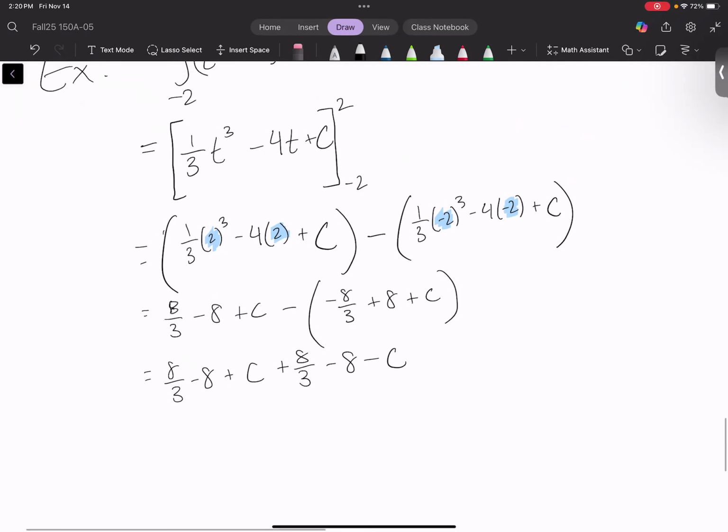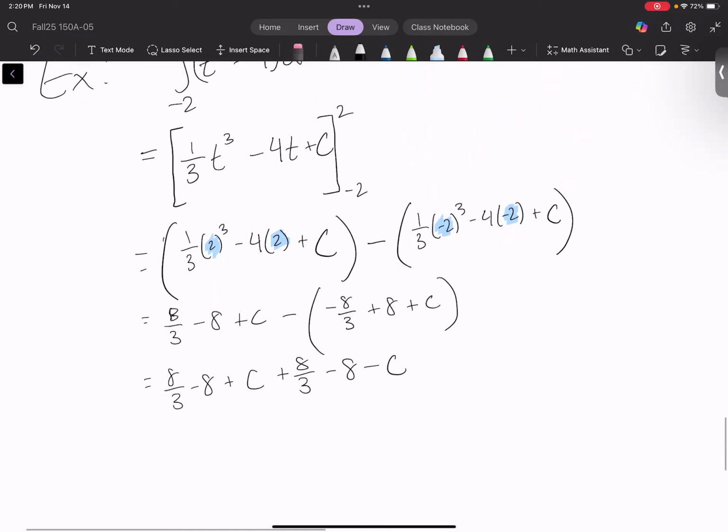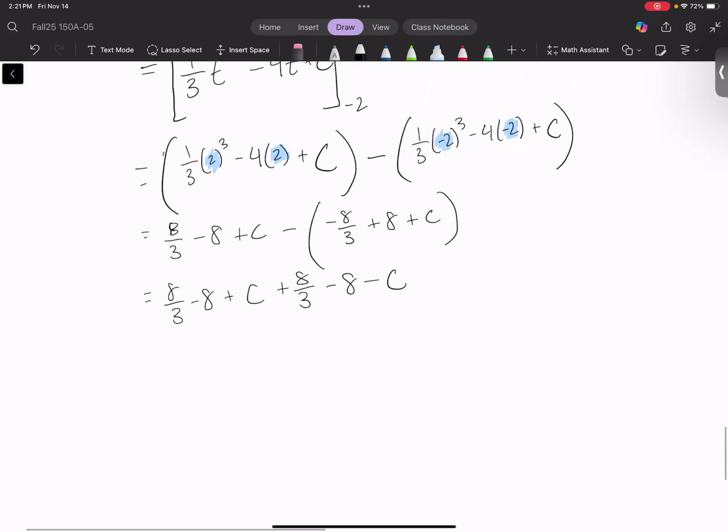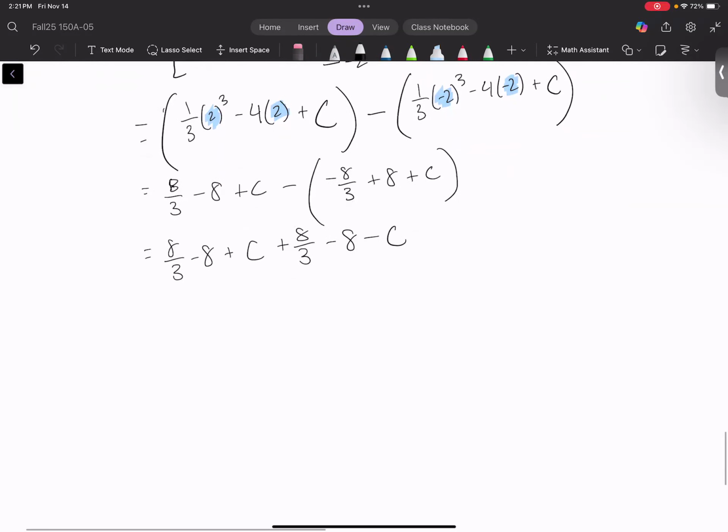And check that out, the c's canceled. The c's are always going to cancel. So with definite integrals, we don't need to write them. Technically, you could think of it as always being there, but it always cancels. However you want to think about it, we don't need to write it for definite integrals.